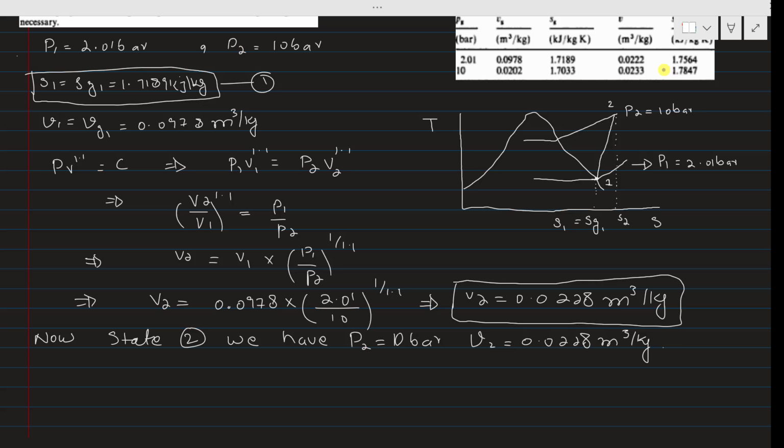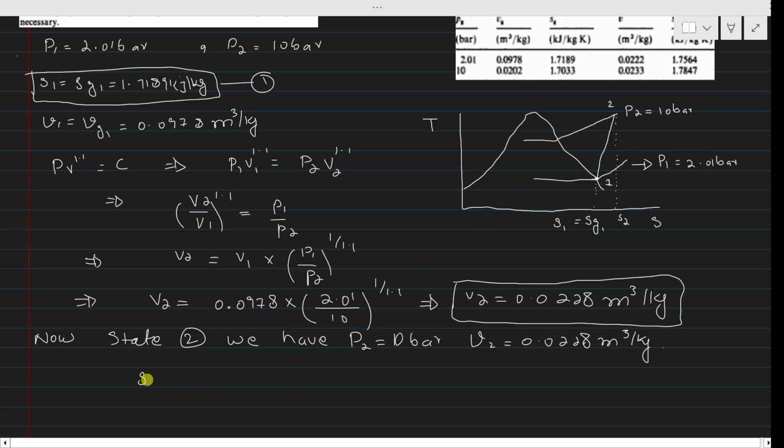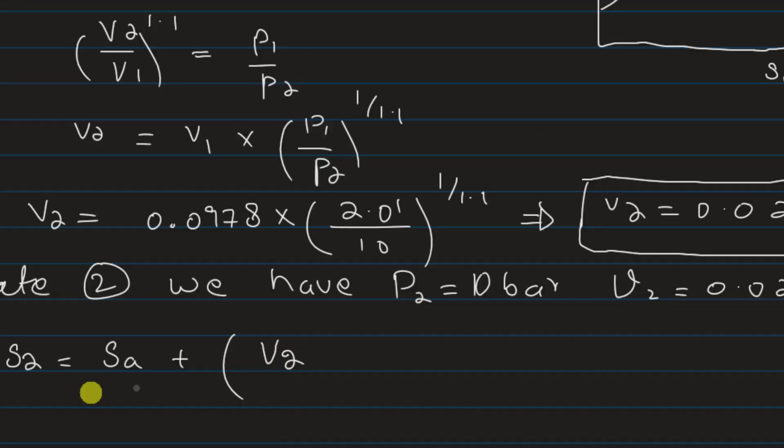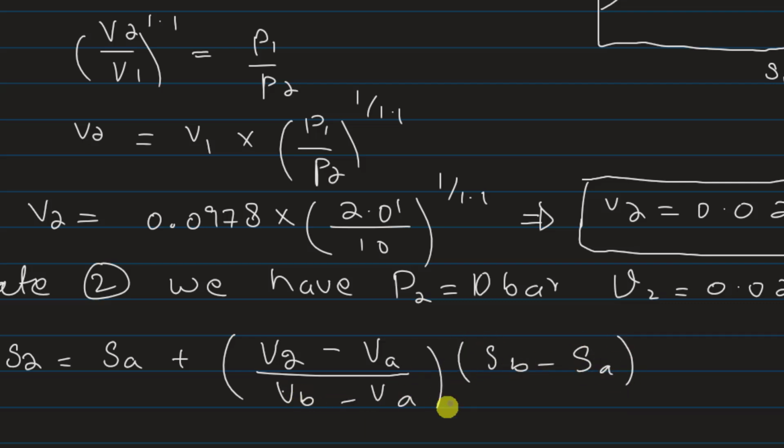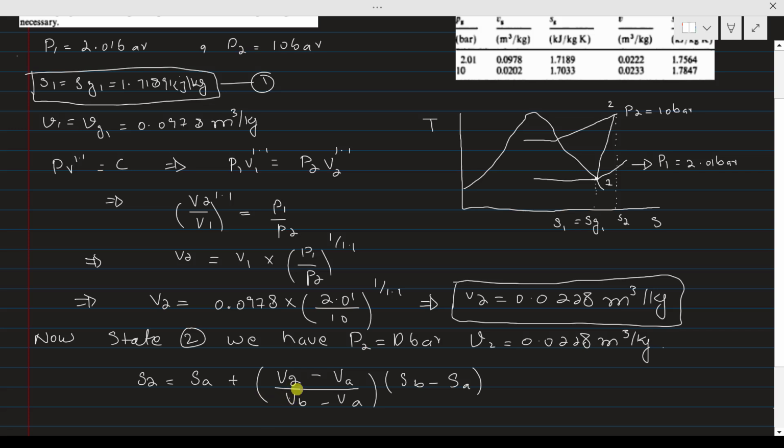If the value is not available in the steam table, we will use the interpolating formula. To find the entropy at state point 2, the interpolating formula is S2 equal to SA plus the ratio of the volume differences times (SB minus SA). Now what are VA, VB, SA and SB?